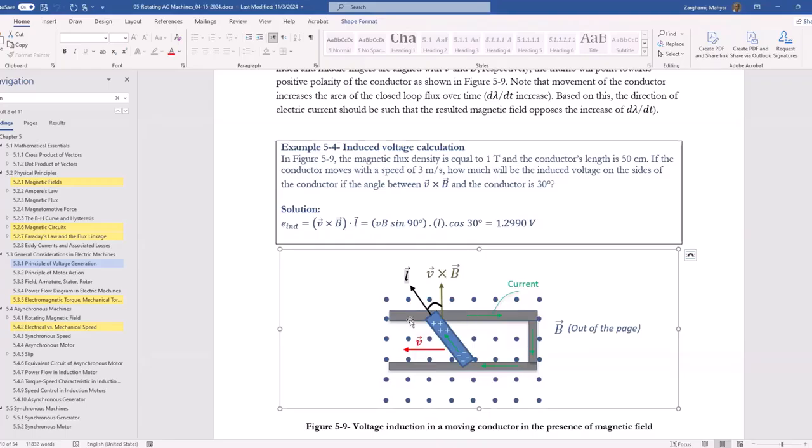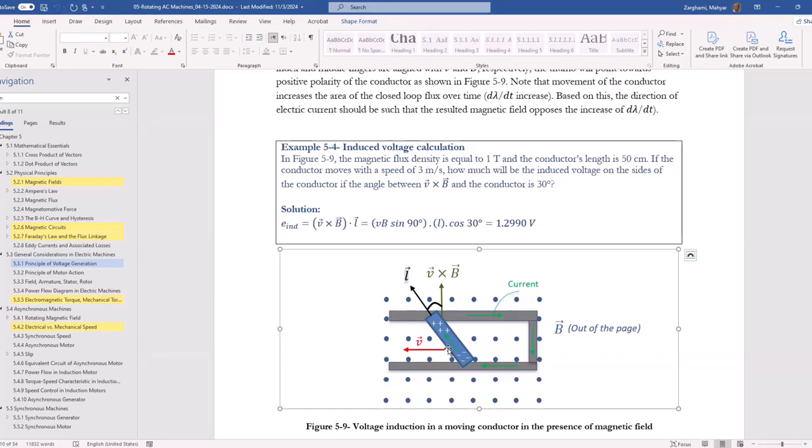The next thing is, how do you find the direction of the cross product of two vectors, like V cross B? In order to do that, you have to use your right hand.